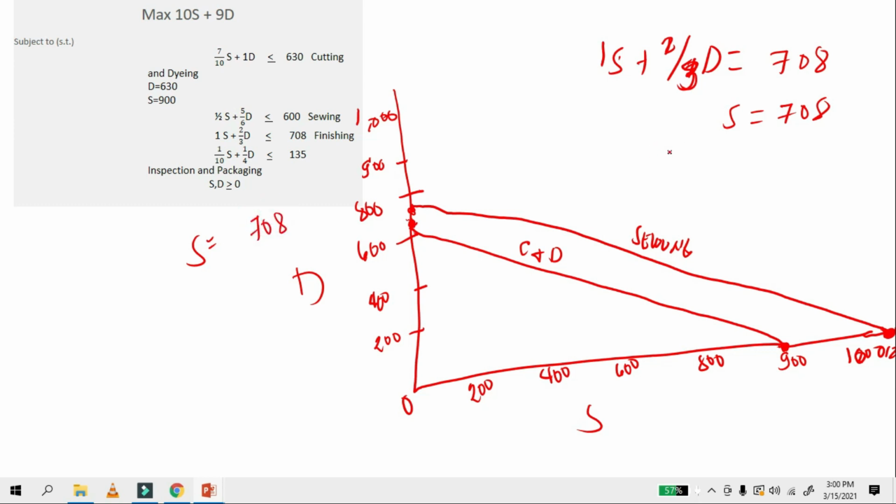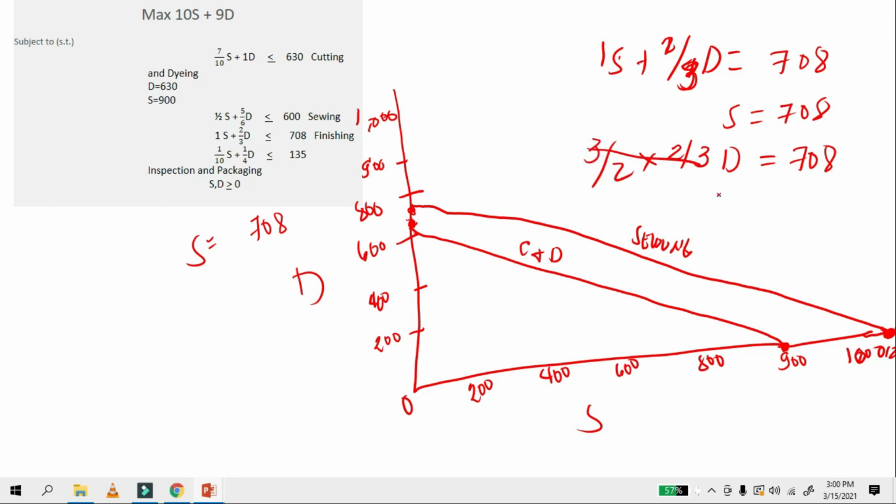While we have 2/3 D, let's find the value of D, which is equal to 708. Let's get the reciprocal, 3 halves.